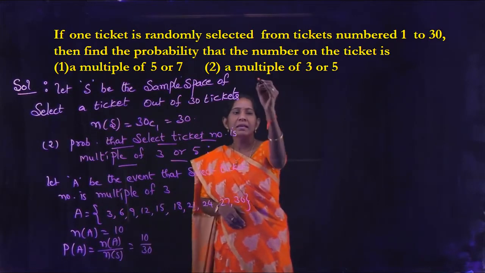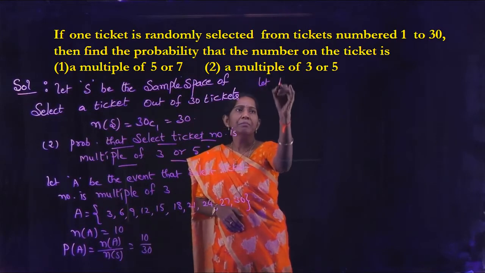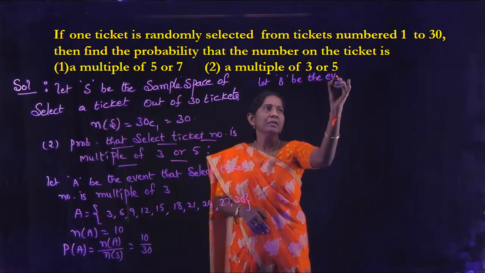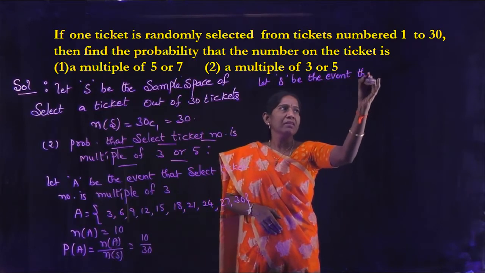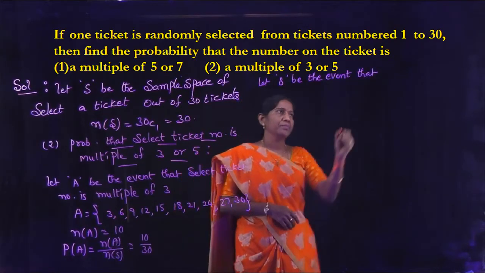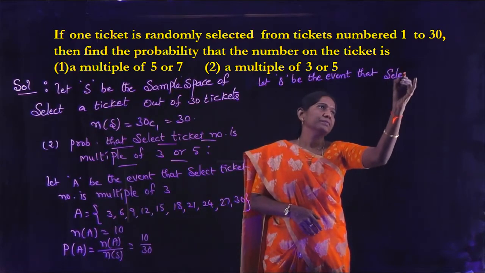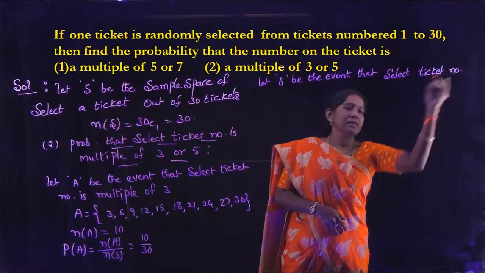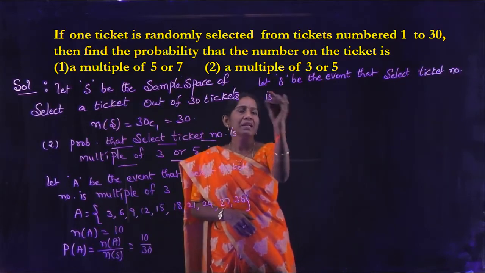And let B be the event that the selected ticket number is a multiple of 5.